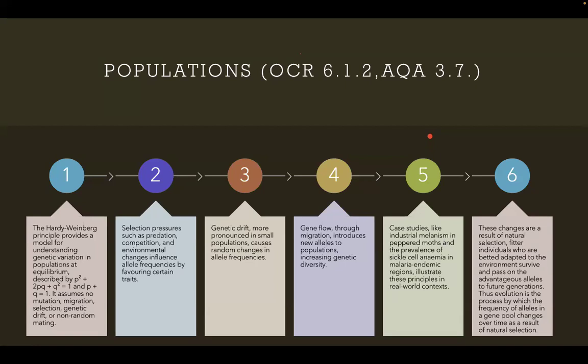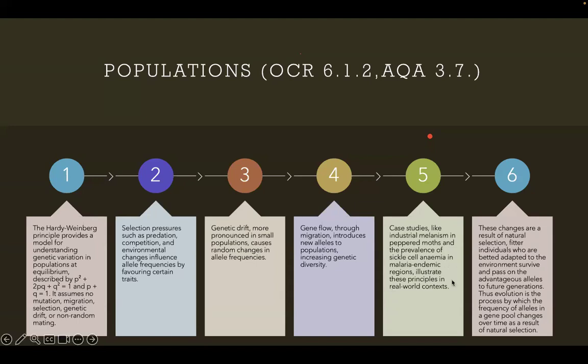Because of these environmental changes, and the predation being a selective pressure, over time they evolved to change their color from white to black peppered moths. That's an example of how selection pressures through natural selection can lead to organisms passing stronger, more survivable and advantageous alleles to future generations.